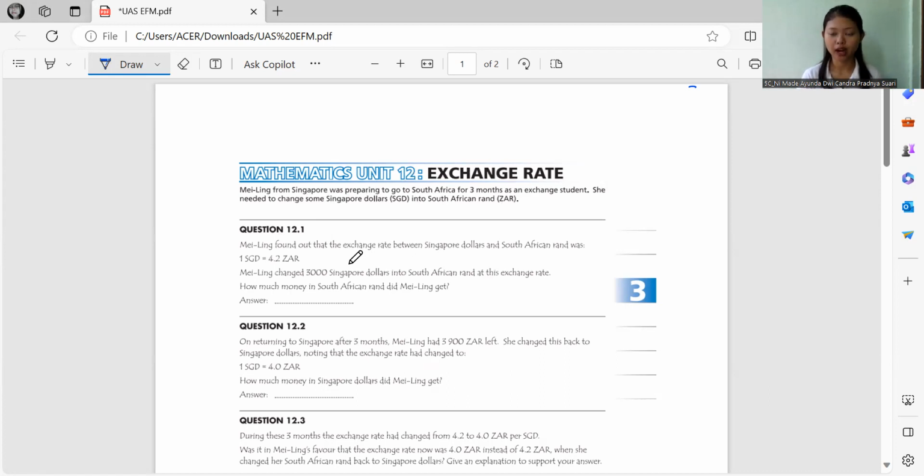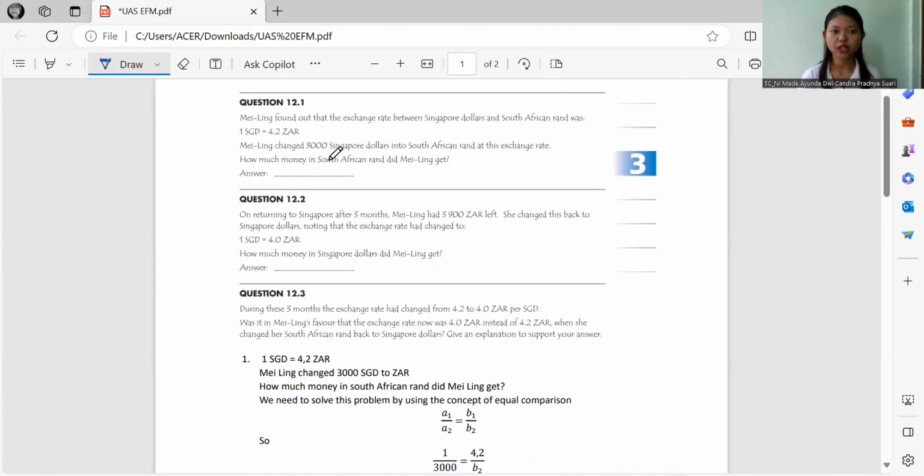Problem number one: Mei found out that the exchange rate between Singapore dollars and South African rand was 1 SGD equal to 4.2 ZAR. Mei changed 3,000 Singapore dollars into South African rand at this exchange rate. How much money in South African rand did she have?